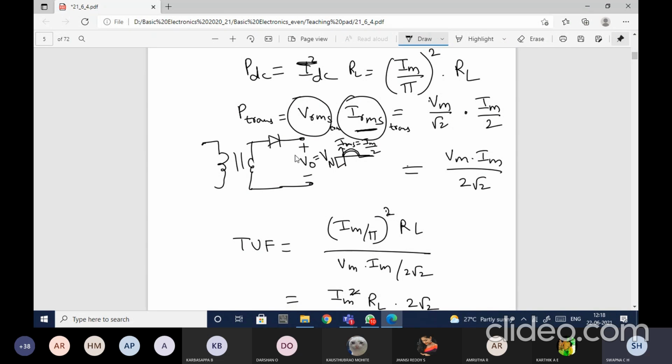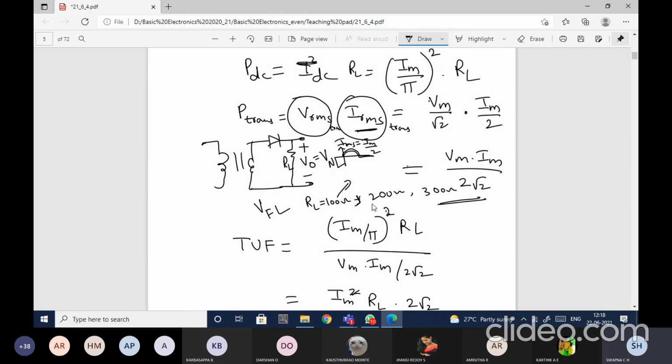V full load in the sense, we will have the resistance RL, but we'll vary the resistance RL value. Maybe first we'll take 100 ohms, then 200 ohms, then 300 ohms. Like that, we'll increase the resistance value and find out what happens to the output voltage.